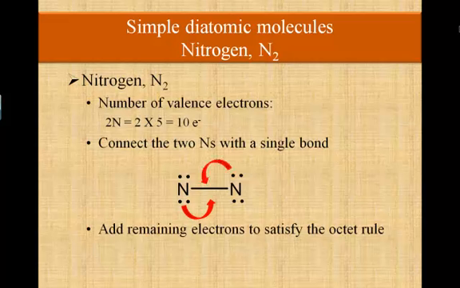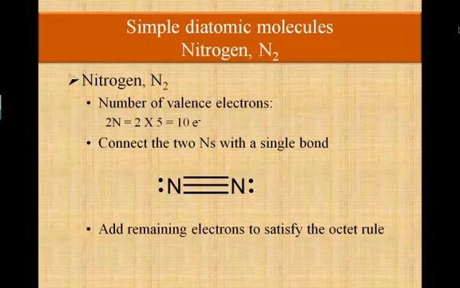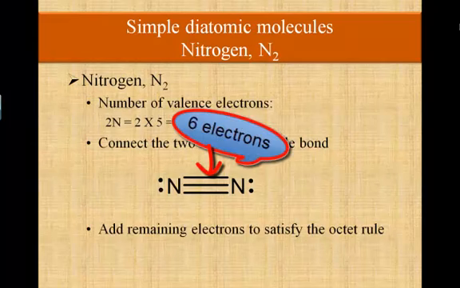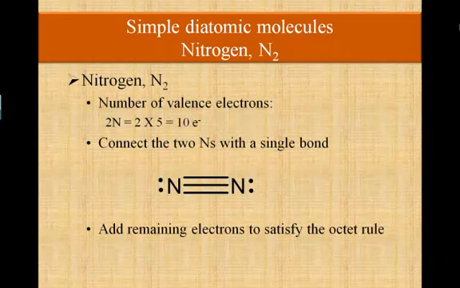So I have to push a pair of electrons from the other nitrogen to form a third bond between the two nitrogen atoms. Now I have a triple bond between the two nitrogens, which accounts for 6 electrons. My 2 lone pairs, or non-bonding pairs of electrons, give me another 4 for my total of 10. Each nitrogen has 8 electrons in its valence shell.